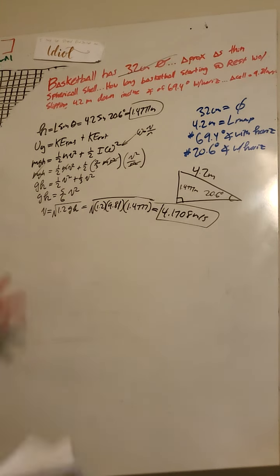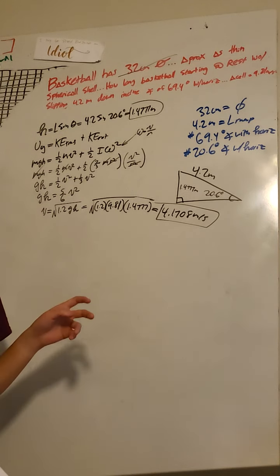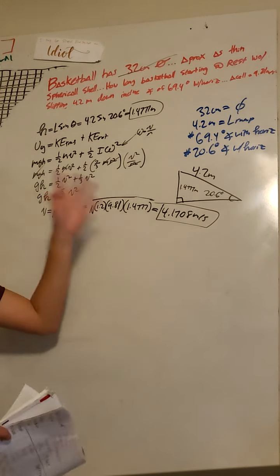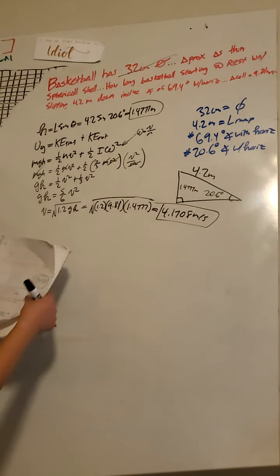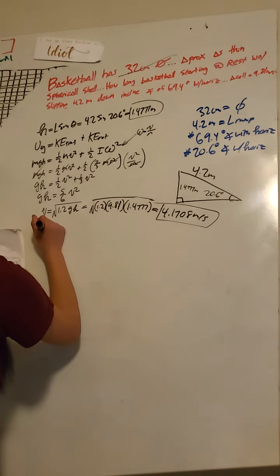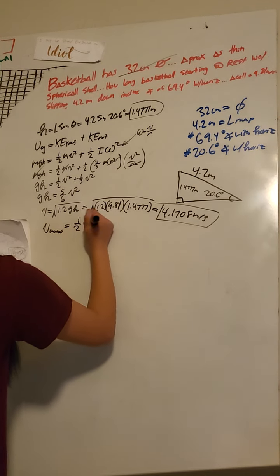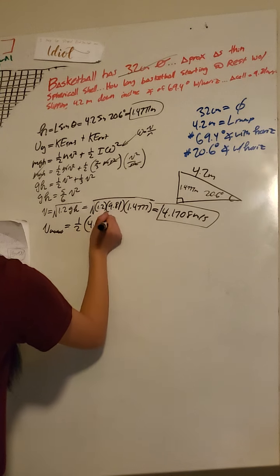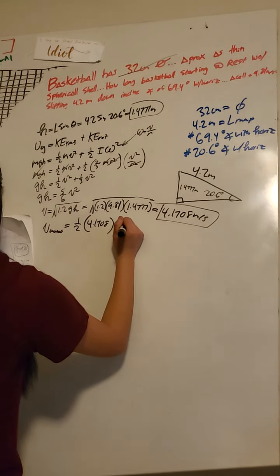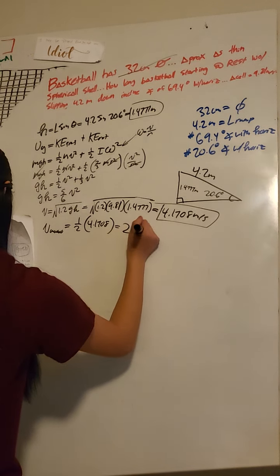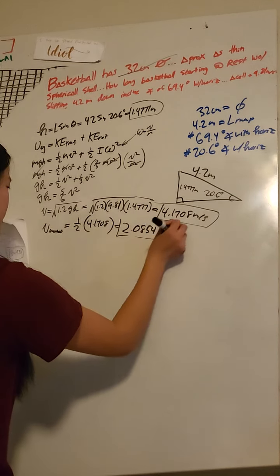Because the acceleration is uniform as it goes down, we can take the peak velocity of the ball and just divide that by 2, taking the average. So V average is 1/2 times 4.1708, which equals 2.0854 meters per second. We'll box that and save it for later.